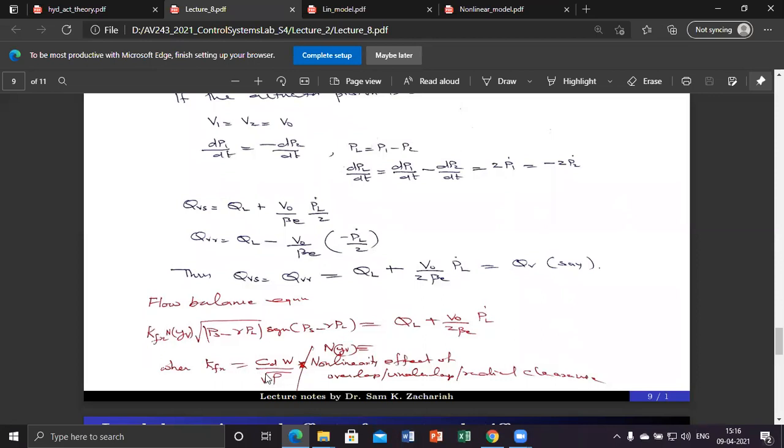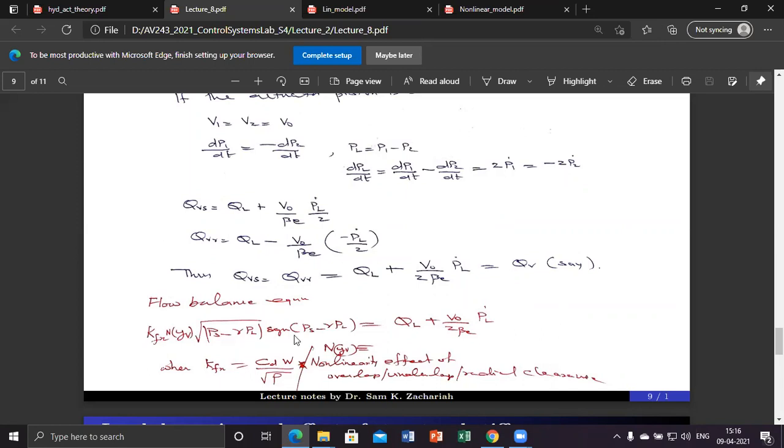Whatever CDW by square root of rho, that is represented by KFN, the nonlinear flow gain of the servo, multiplied by a nonlinear function of YV, where the nonlinear function of YV represents the effect of overlap, underlap, and radial clearance, which I have given an exponential relationship. I will give you the MATLAB program for that also.